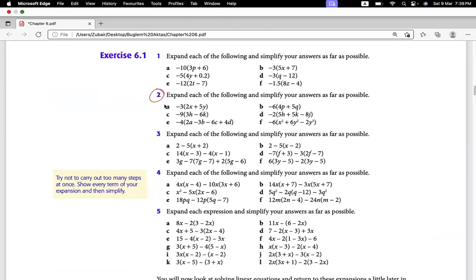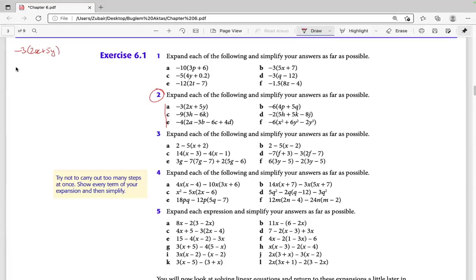Okay, let's try question number 2, this A, C, and E part. If you look at this E part, this is negative 3 outside, 2x plus 5y. Negative 6x minus 15y. We just have to be careful with the mistake. Negative 6x minus 15y, correct.